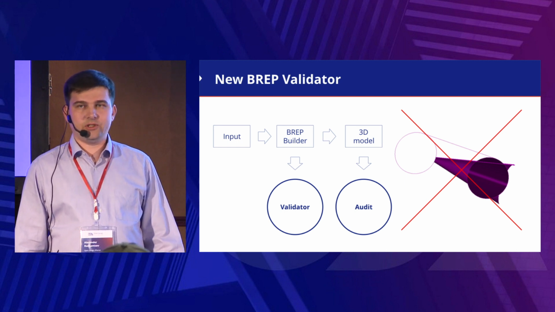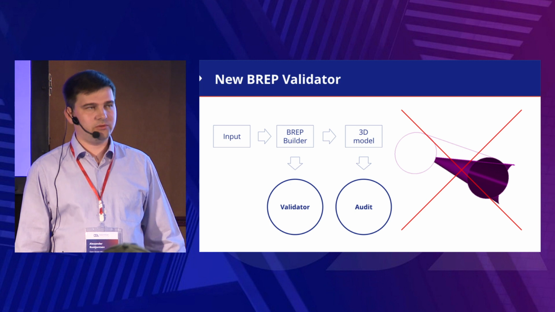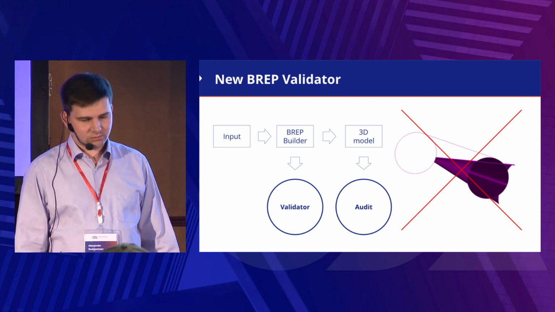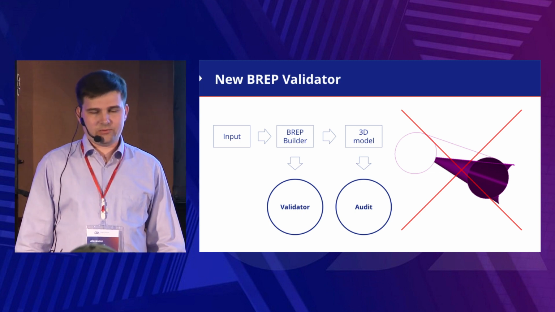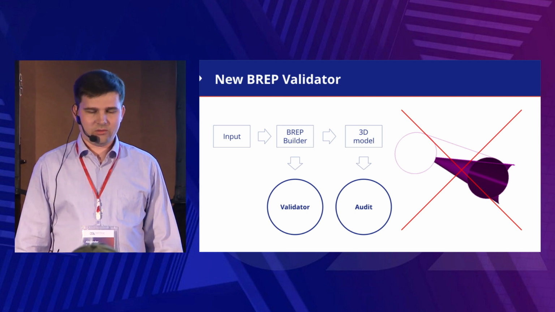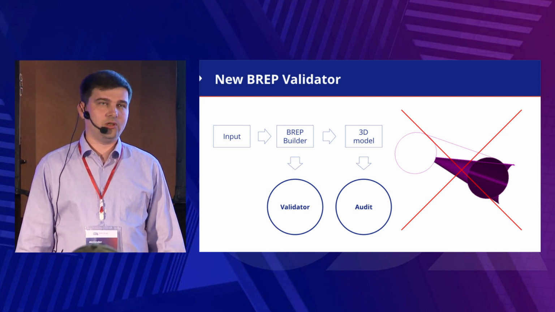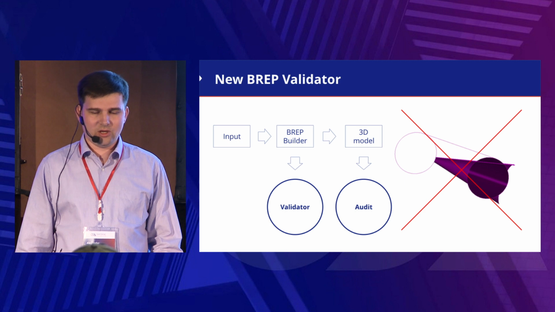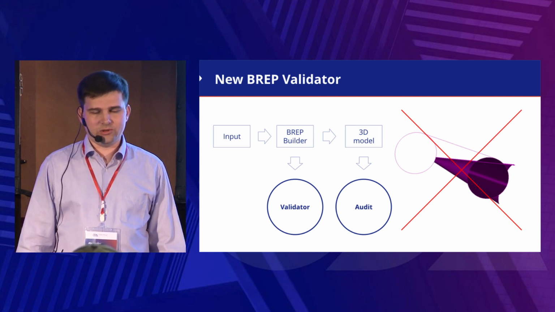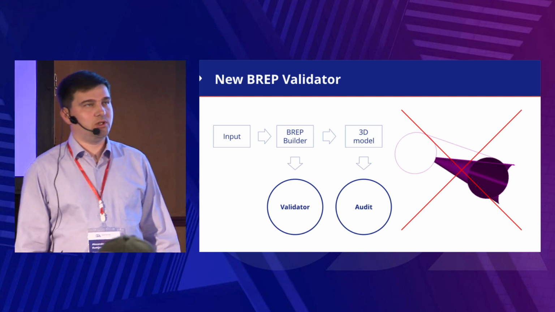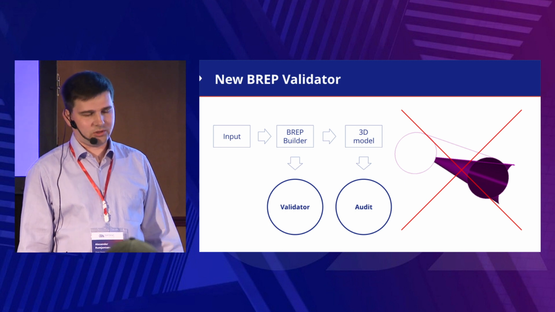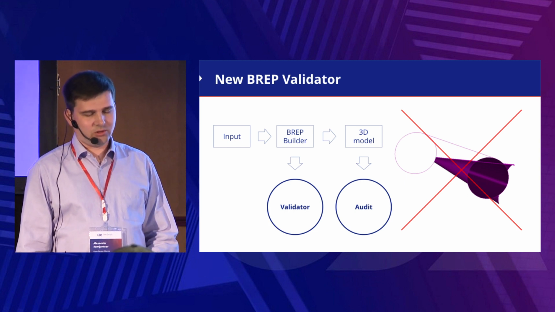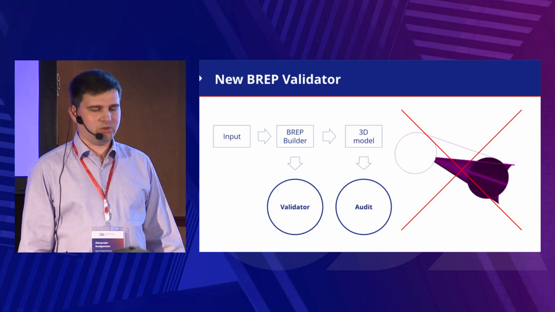If the data is incorrect, BREP builder will not create a 3D model. And if a 3D model was created for some reason, you are also able to start the product-specific audit functionality. Audit will report possible errors in this 3D model, but such errors will already be product specific.